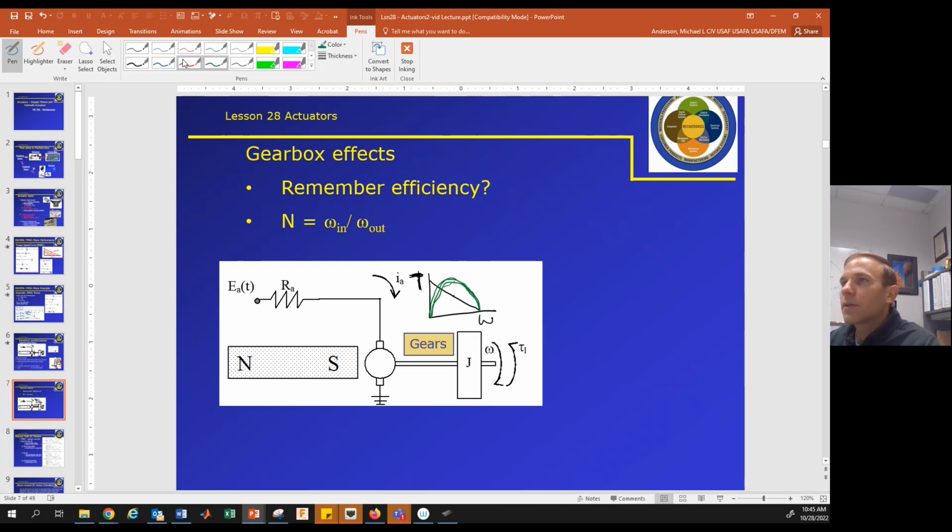Efficiency looks kind of like this. It goes like that. So we're usually most efficient at a high speed like that. These are not to scale or anything, but the point is to show that higher speed is more efficient. So we usually want the motor to run at high speed, but for our application, we often want it running slower, so we add gears.